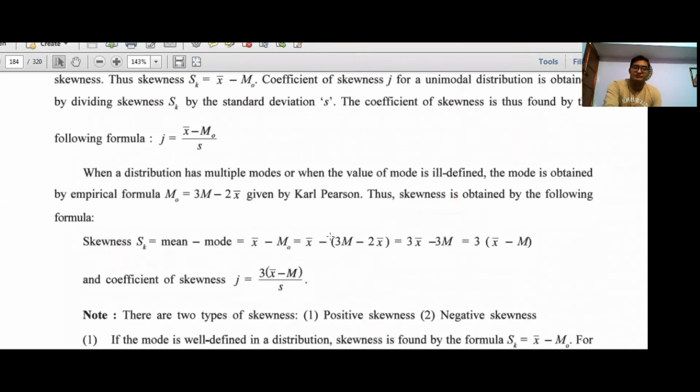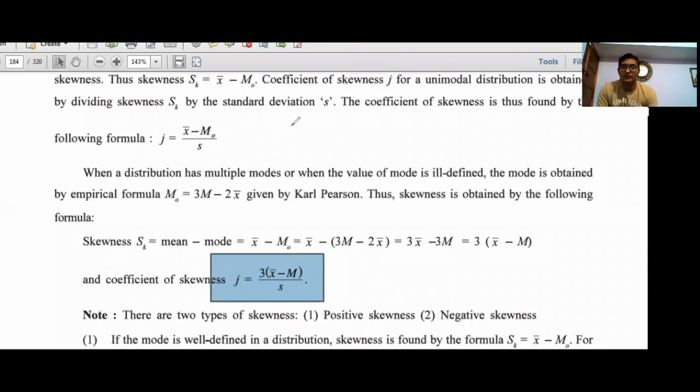Now you can see that the formula is very simple. Either we use the mode or we use the median. But the problem is, what if all the values are not given directly?